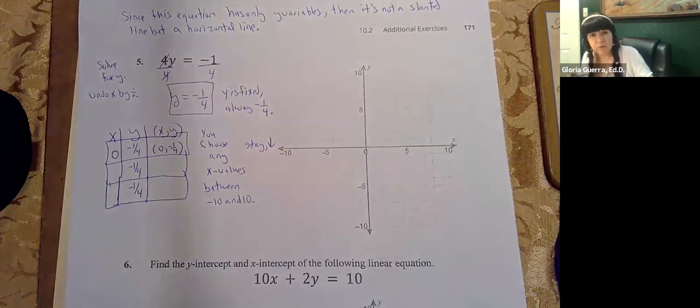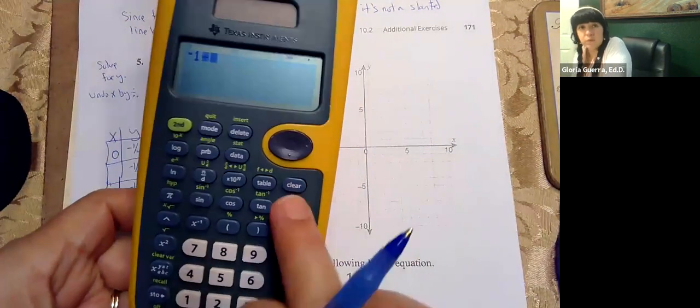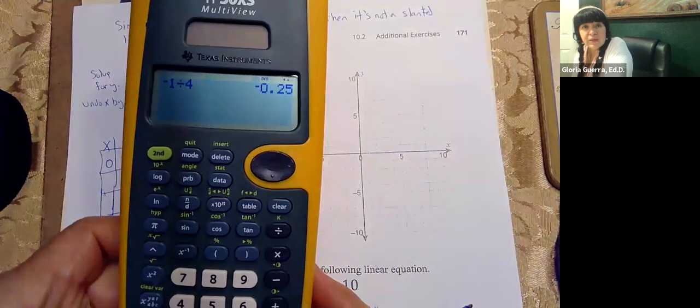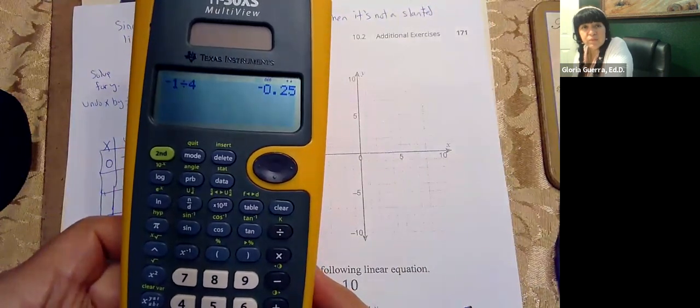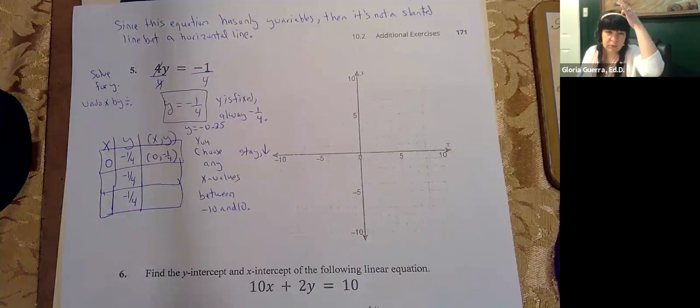And -1/4, it's a very small value, right? If I do -1 divided by 4, that's -0.25, right? So y is equal to -0.25. I'm pretty sure the computer system will not allow you to put decimals in.